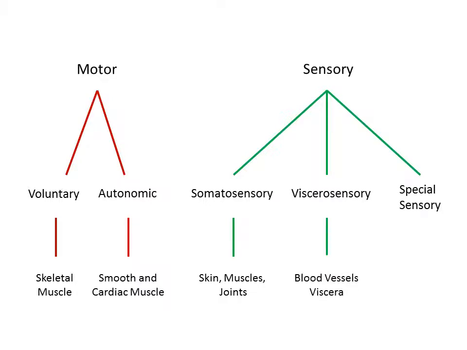Visceral sensory uses very similar neurons and receptors, sensory receptors, so it essentially uses the same basic foundation, but instead of giving us information from the skin and the muscles and our joints and tendons, it's giving information related to blood vessels and our thoracic and abdominal organs, so your stomach, your bladder, your heart, etc. And then we have special sensory, all of which is located in the head.